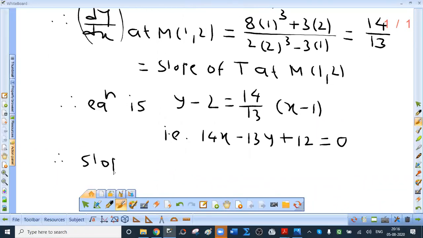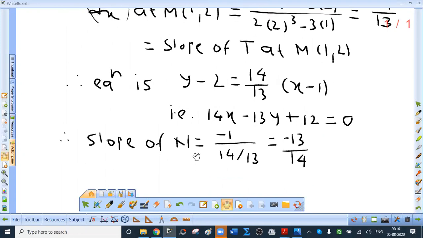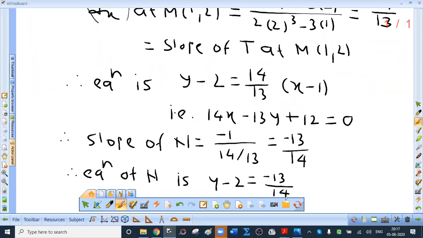Slope of normal is minus 1 upon 14 upon 13. Product of slopes of two perpendicular lines is minus 1. So minus 13 upon 14. Therefore, equation of normal is y minus 2 equal to minus 13 upon 14 into (x minus 1).